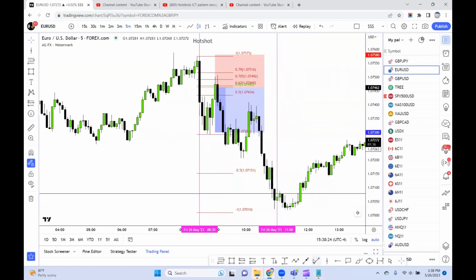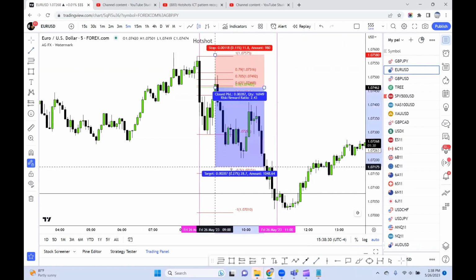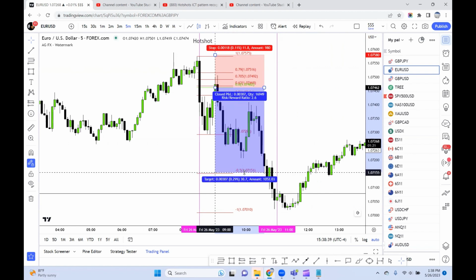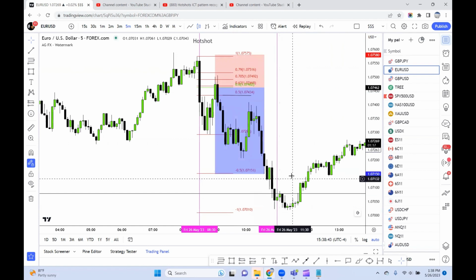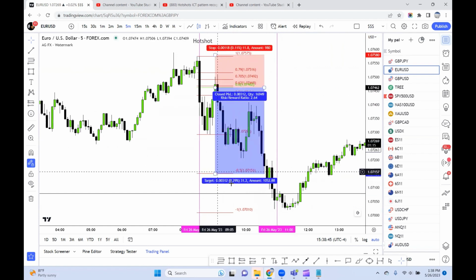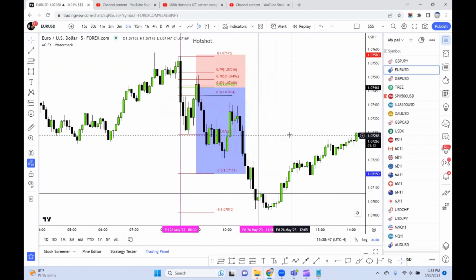You're going to take partials and you're going to move your stop loss to the 50% Fibonacci level. Next, we are going to target our 0.5, specifically the institutional level before it. Since it's so close to 50, since it's 51, I'm just going to leave it at 50 and we're going to target that. You can see that that was hit, so we will take more partials there.